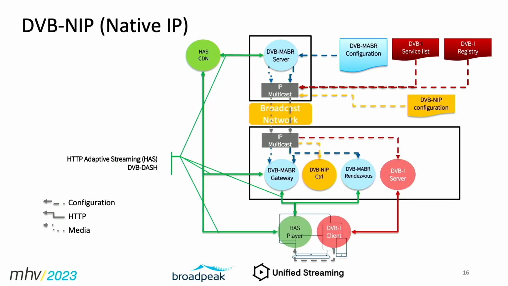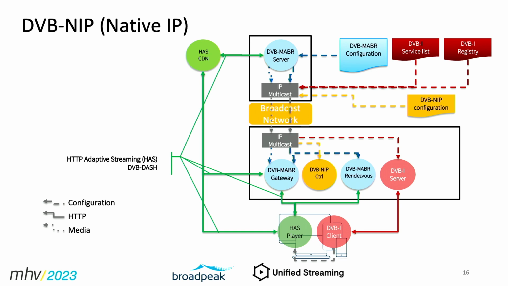So I would finish with this drawing again. This is the same drawing as before, except now that in orange you can find the DVB NIP color, where you have a configuration and a DVB NIP module on the gateway side, on the home side.